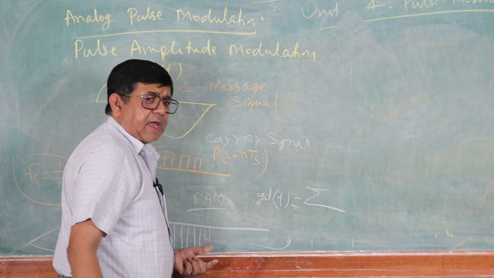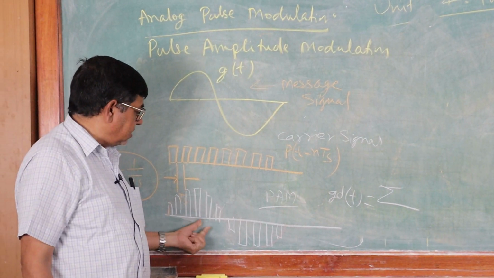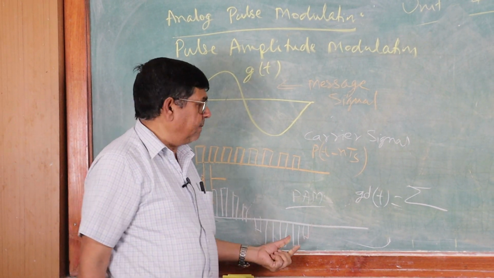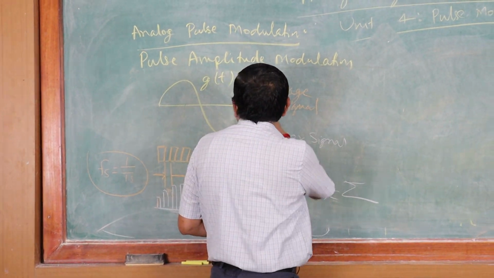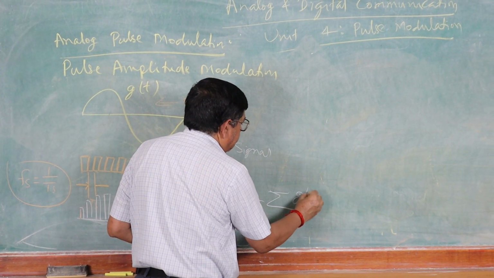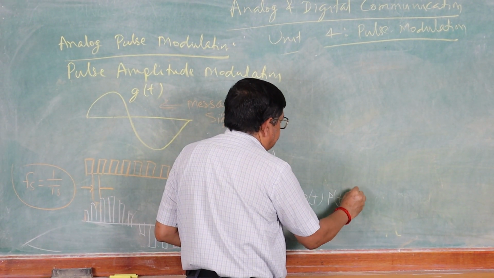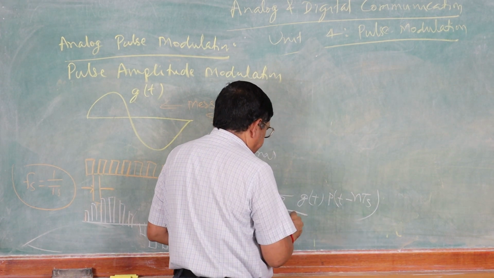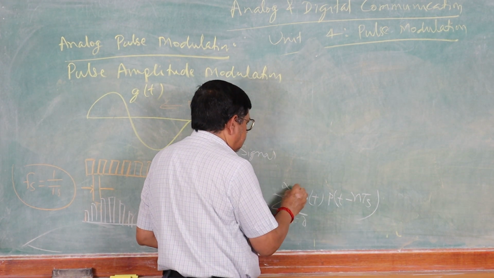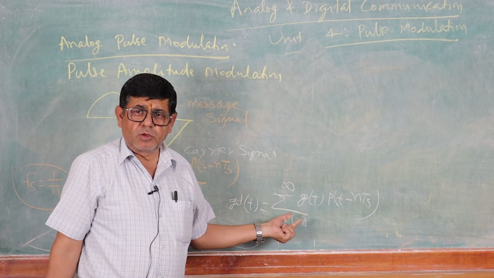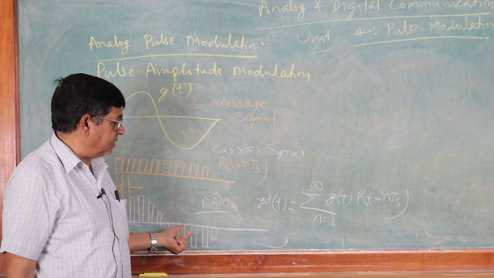It will be a sum. It is not an integration because it is discrete in nature. So the sum of g(t) into p(t - nTs), with n from 0 to infinity. This is the equation for the pulse amplitude modulation technique.